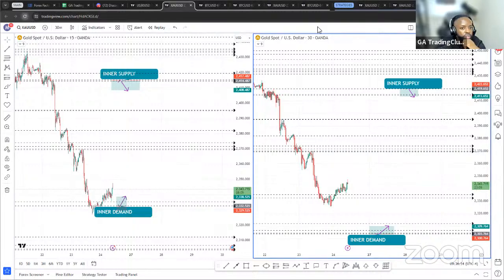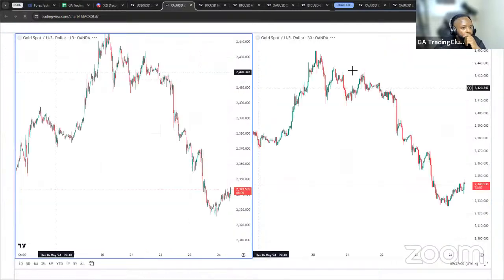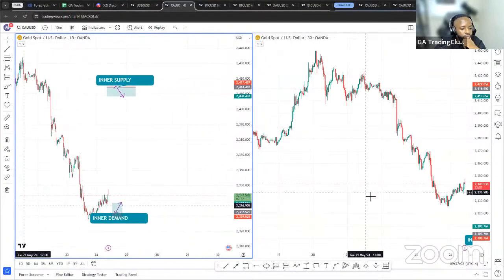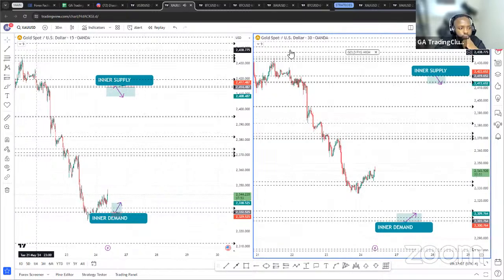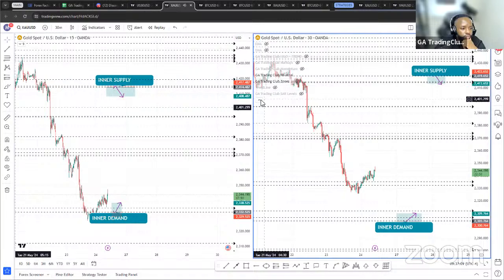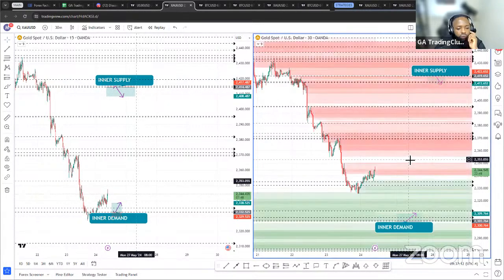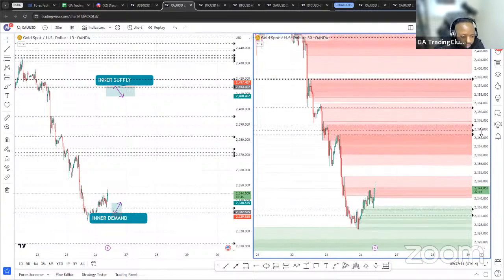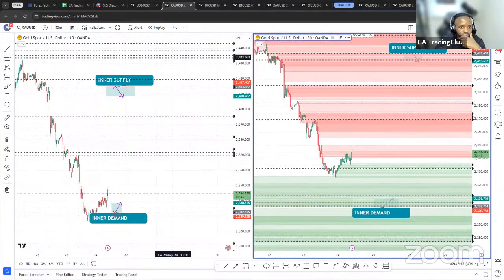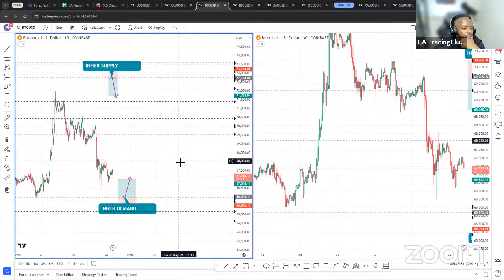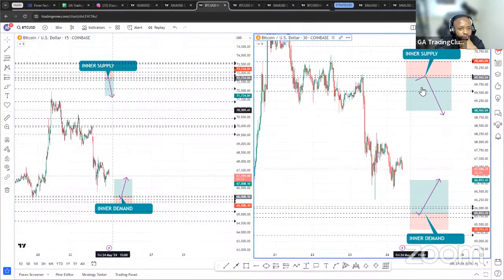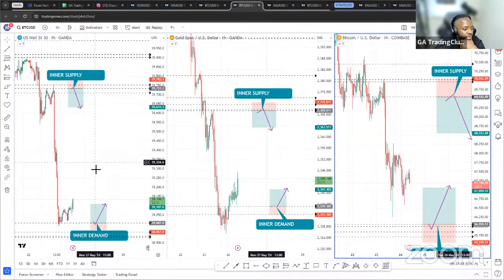Need to refresh this. Let's see. I think it's still going to be there. Yeah, so it's still down here. And price is closer to demand than supply for BTC on the hourly time frame, same thing.